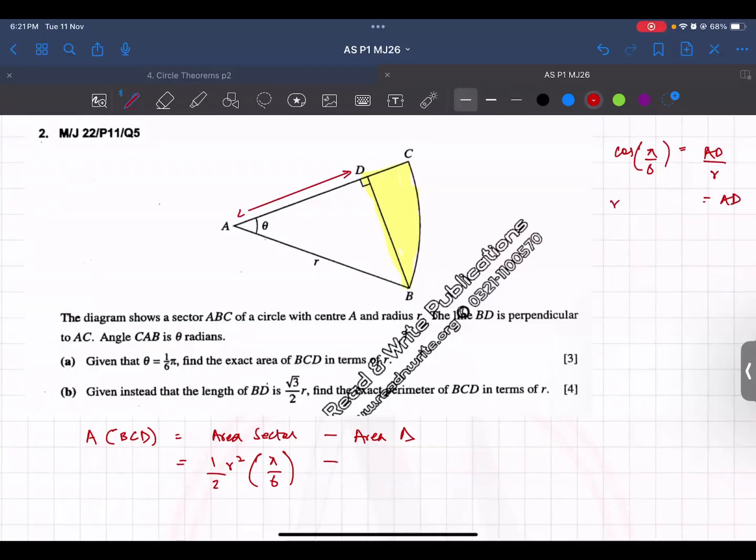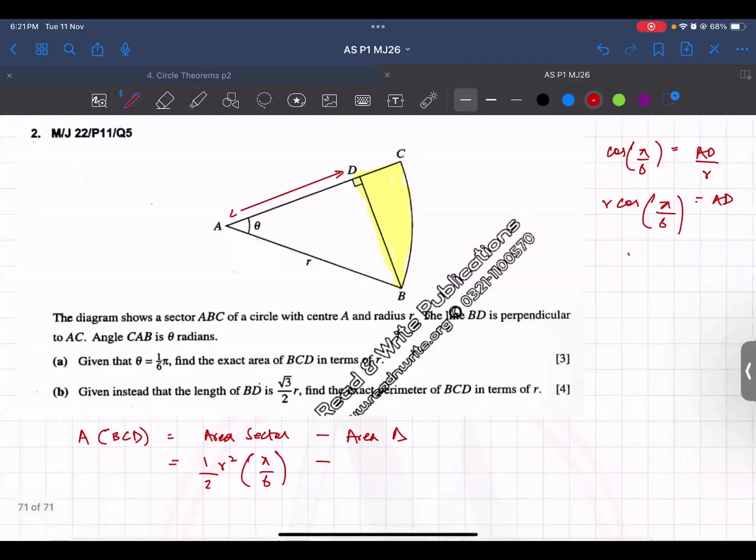Use a calculator. Convert your calculator first to radian mode and then cos pi by 6. Root 3 upon 2. Root 3 by 2 R. This is your AD.